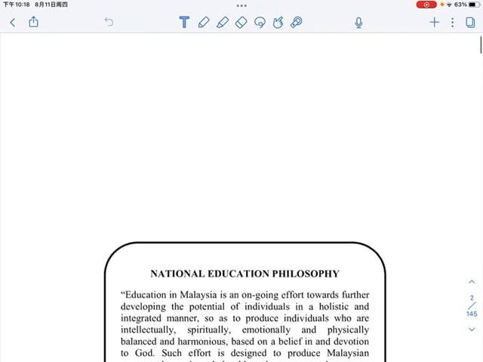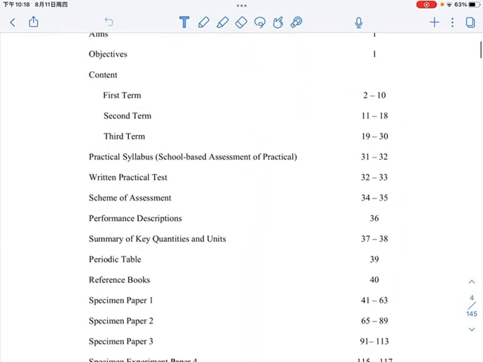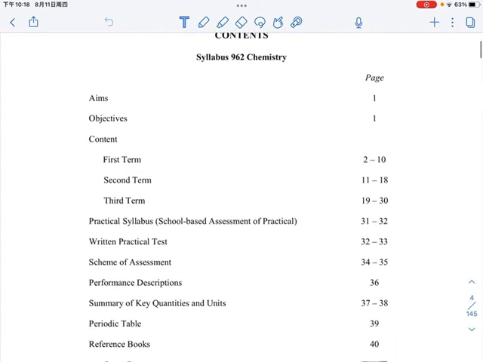In your chemistry, let's see, first term, second term and third term. I have to remind all of you, for your 4 subjects like the pengajian, mathematics T, chemistry and also the physics, you will have the coursework in your SEM 2.